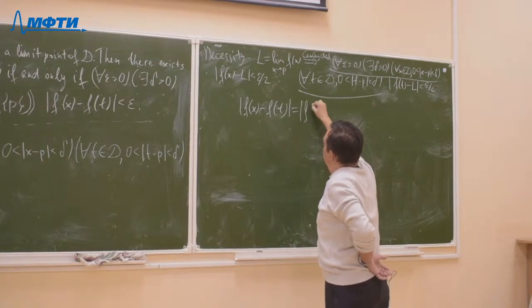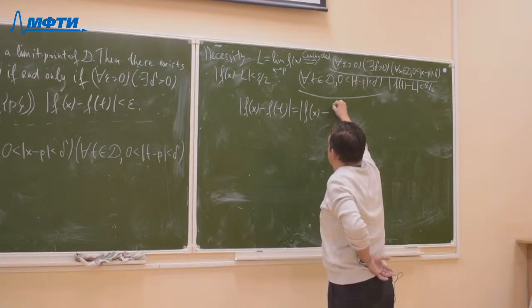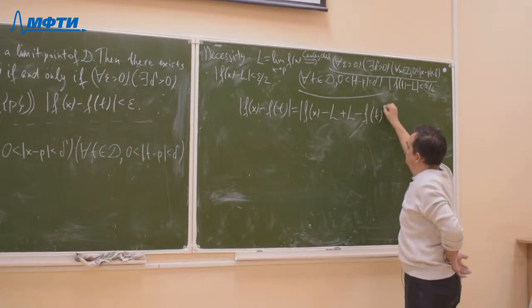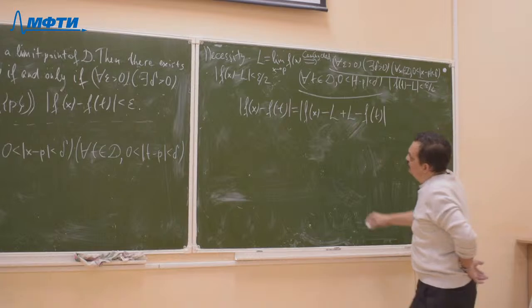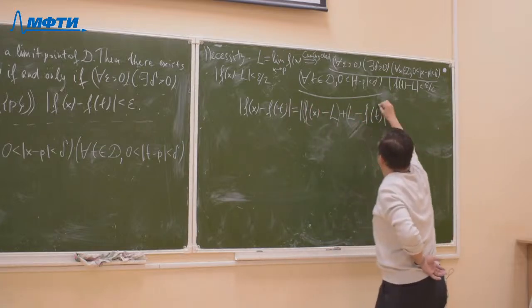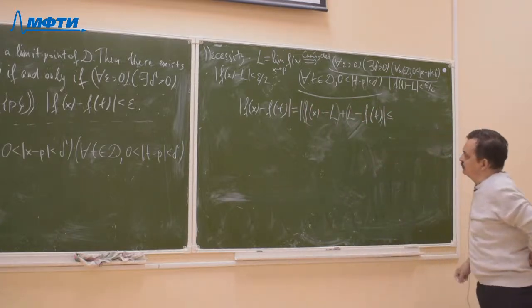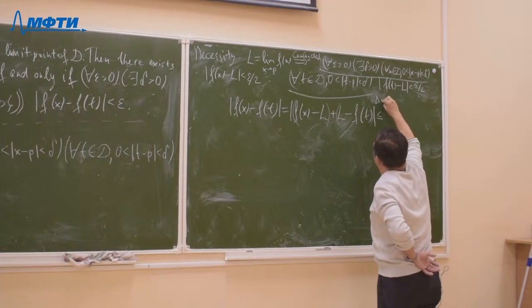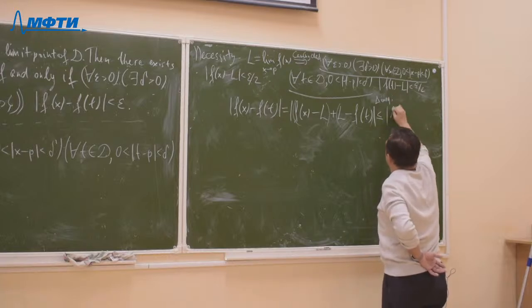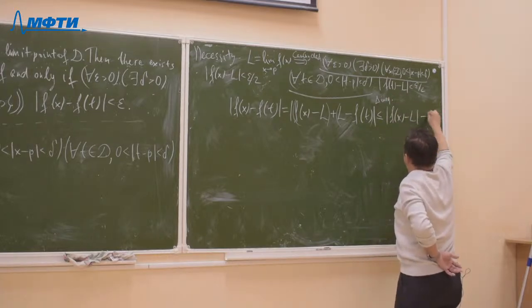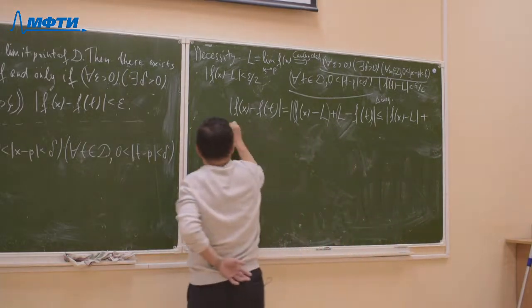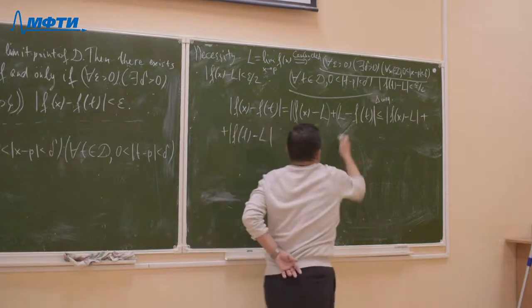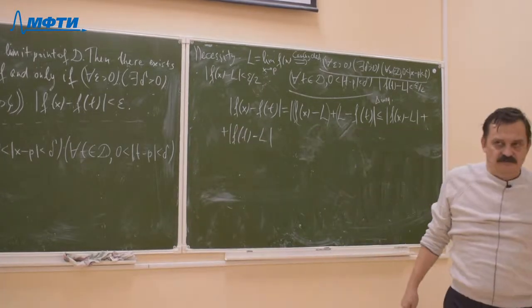I can subtract and add the same L. And then, by the triangle inequality, we have absolute value of f of x minus L plus absolute value of f of t minus L. I can change the order because of the modulus.